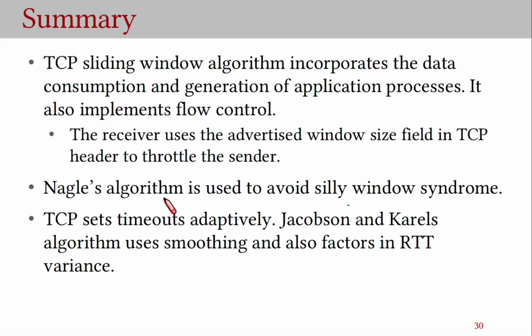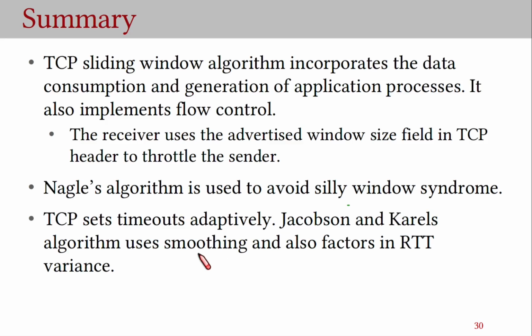Otherwise, if there is data in flight, then you need to buffer. And lastly, we saw that TCP sets these timeouts for retransmissions adaptively. We saw the original TCP algorithm, and we saw the Karn and Partridge algorithm. Lastly, we saw the Jacobson and Karels algorithm, and this last one uses smoothing.